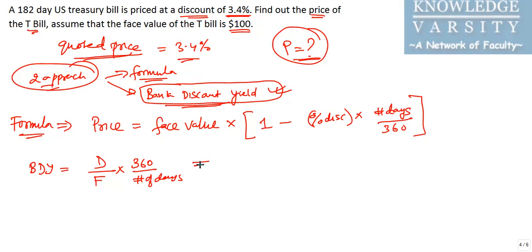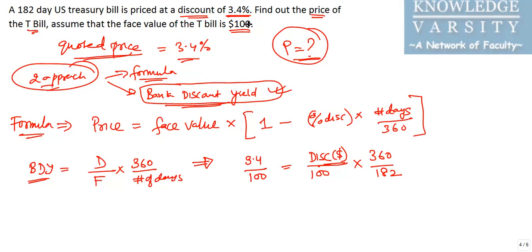In this case, we have been given a bank discount yield of 3.4%. So 3.4 by 100 is equal to discount divided by face value, which is 100. Here we are computing the discount in dollar terms, while it is given in percentage. We are interested in finding it in dollar terms into 360 by T.